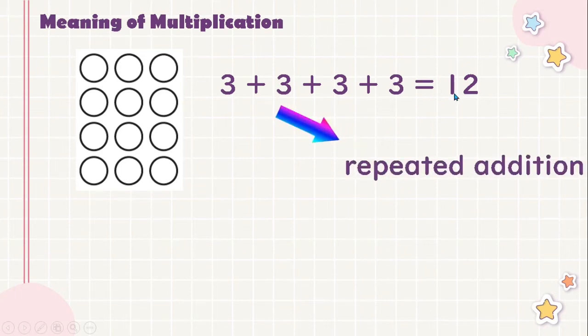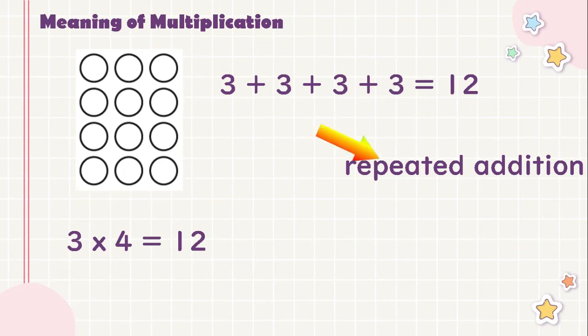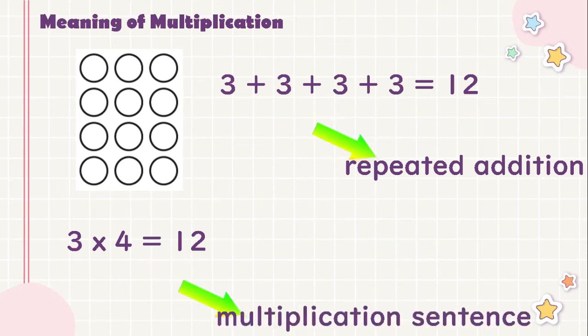That's our repeated addition. And we can also have it like this: 3 times 4 equals 12. So si 3, yan yung number ng circles in each group. And then si 4, yan yung number ng groups of circles. 12 is the totality of the circles. So this is our multiplication sentence. Okay?